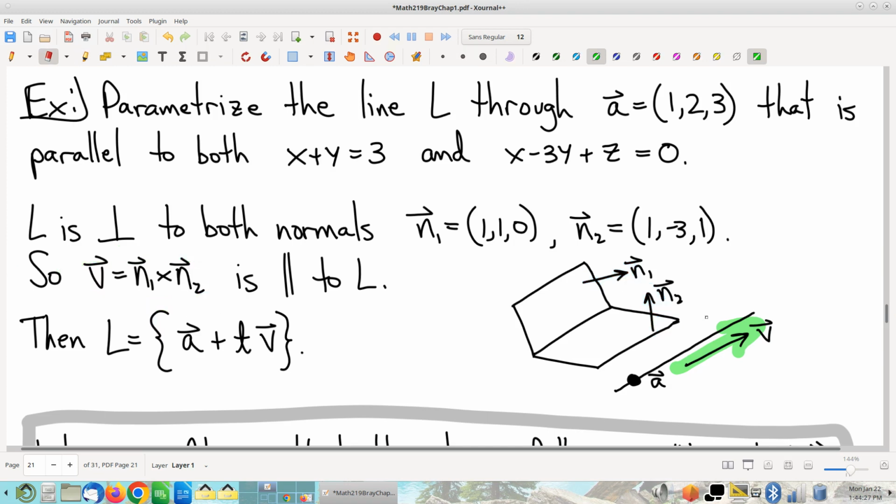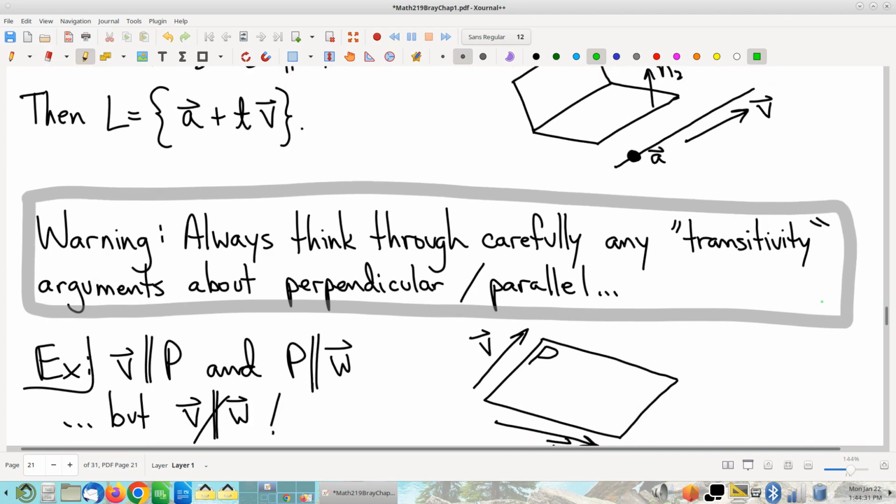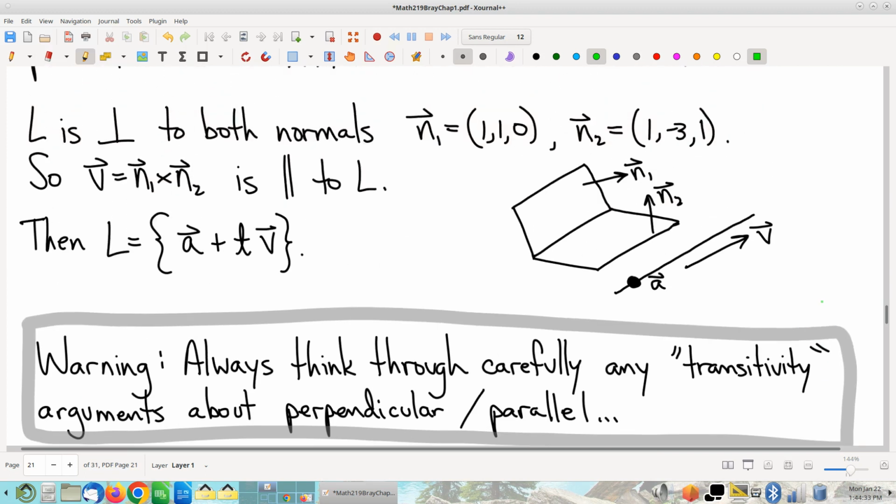So now next I want to give you a little bit of a warning. And the warning is about what I'm going to call transitivity arguments. I actually just did an example of a transitivity argument here.